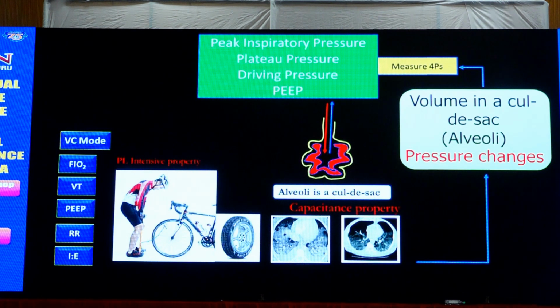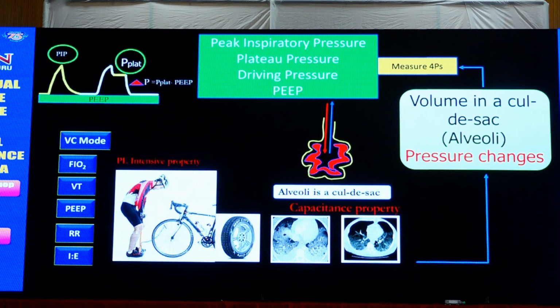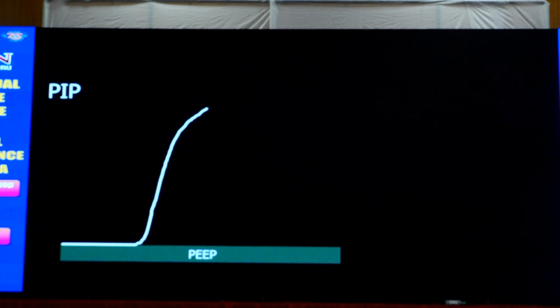When you intubate, what are the 2 pressures which are already displayed? Peak and PEEP. So there is a peak pressure. What contributed to the peak pressure? The air has gone through what all?